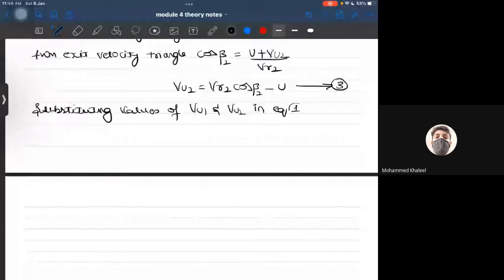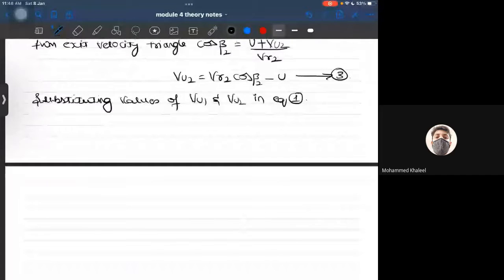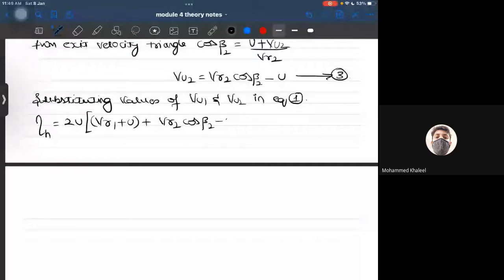If you substitute, you get the hydraulic efficiency equal to 2U into, substituting VU1, it is VR1 plus U, next, substituting VU2, it is VR2 cos beta 2 minus U, and divided by V1 square.